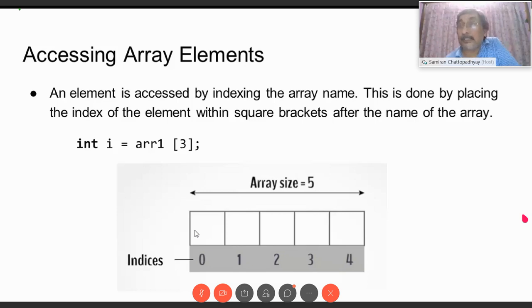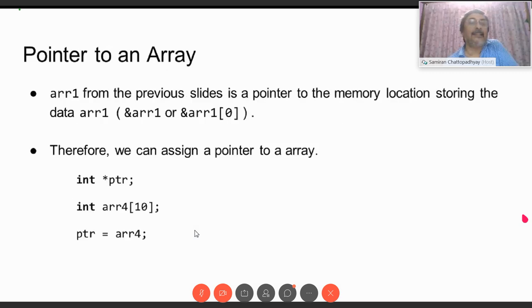Understood? So in a sense, when you write int ARR1[10] or int ARR1[5], then ARR1 also contains an address, and therefore it can easily be said to be a pointer. The name of the array is always something like a pointer, right?